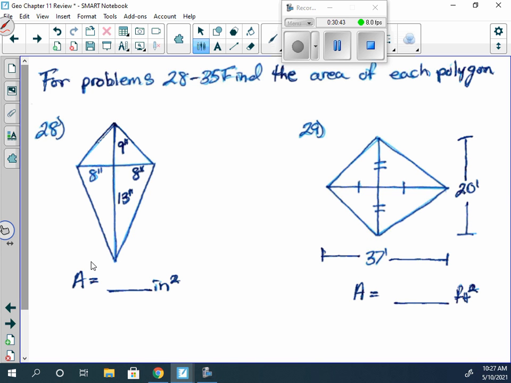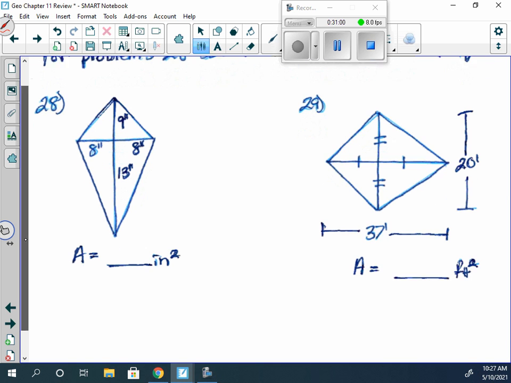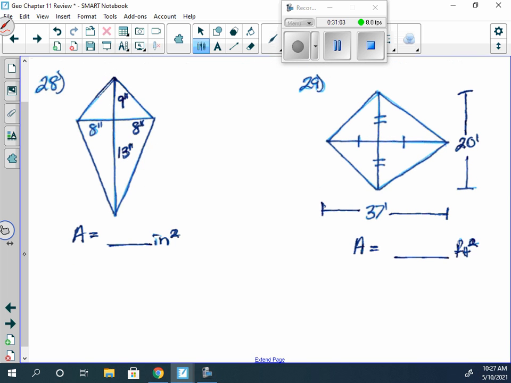Area of a kite slash, what was it? Rhombus. Area is equal to 1/2 of diagonal 1 times diagonal 2. So we can just look at these two here. So the area for this here would be 1/2 of, what's one of the diagonals? 16, because we have to add 8 and 8.